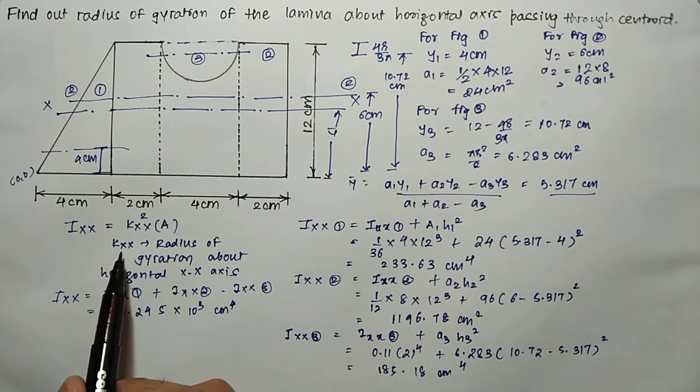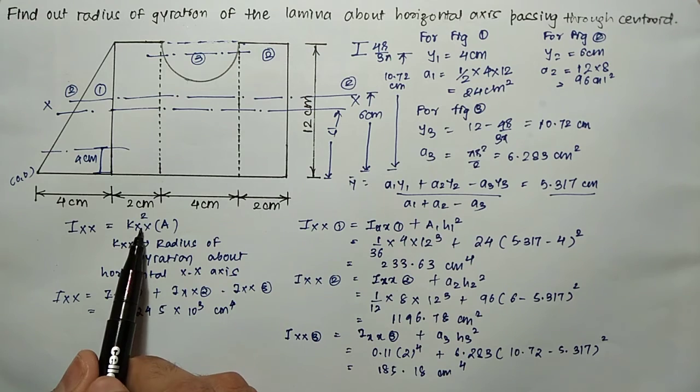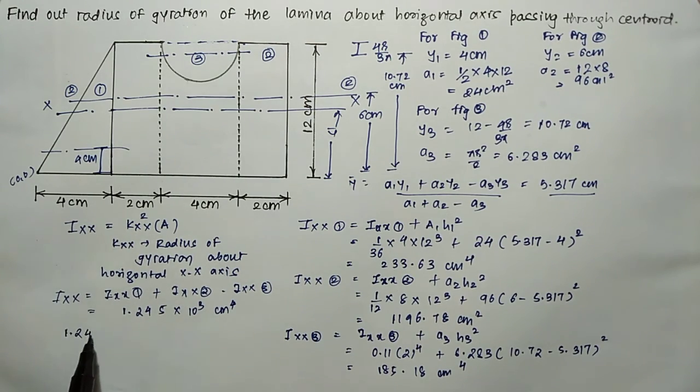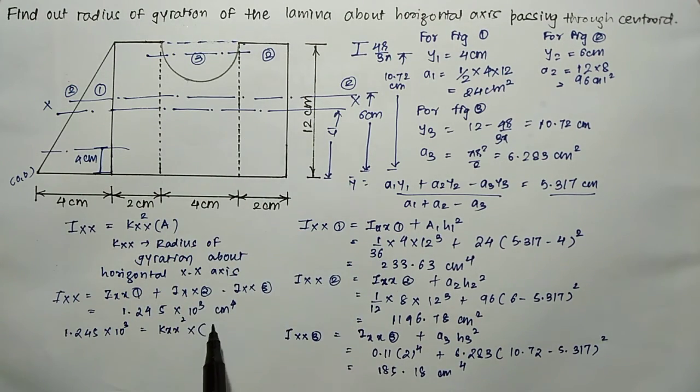Now we need to determine the value of Kxx, and we know the relation between the moment of inertia and the radius of gyration. So Ixx that we know as 1.245 into 10 raised to 3, Kxx that we need to determine, so Kxx square into area, that is the total area of this plane lamina, and it can be given by A1 plus A2 minus A3.